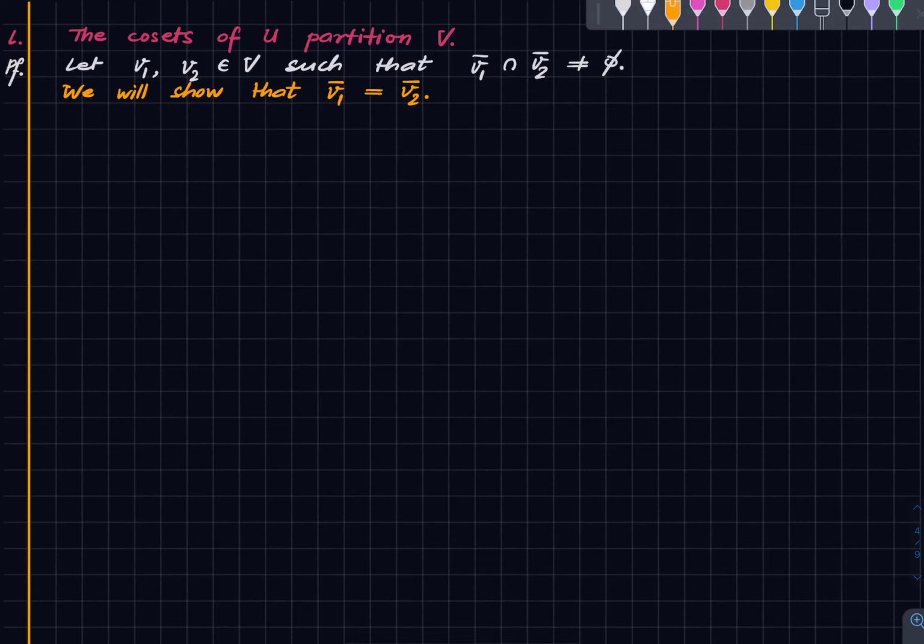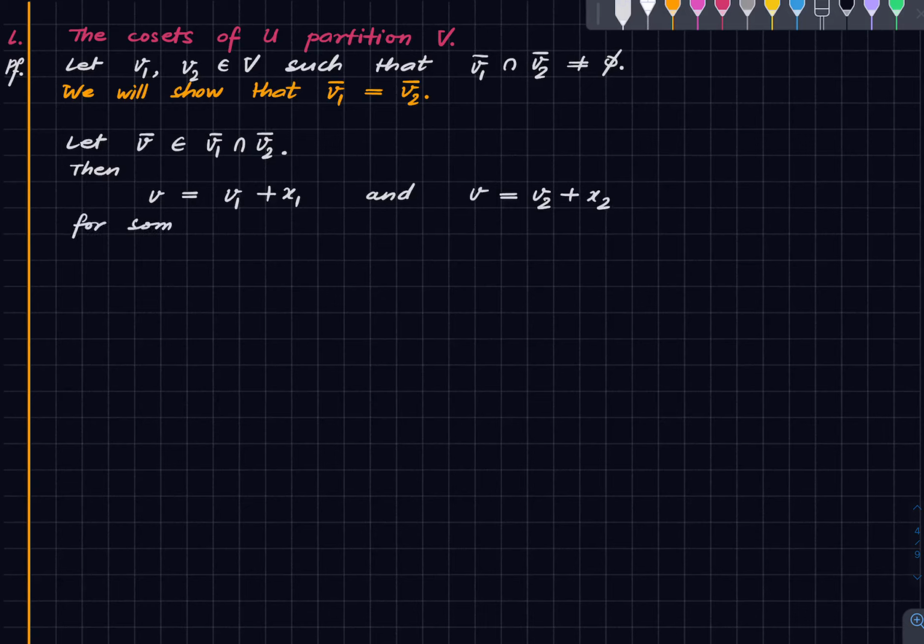Now since they intersect non-trivially, we can choose some vector v in their intersection. So then v can be written as v1 plus x1, and v can also be written as v2 plus x2, for some x1 and x2 in the subspace U. Why is that?